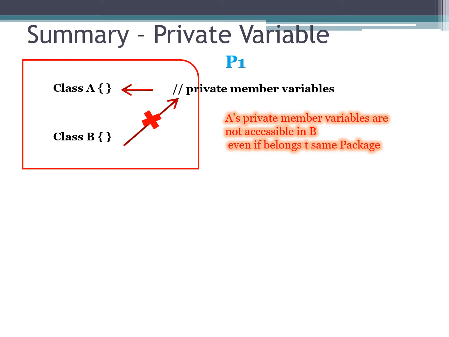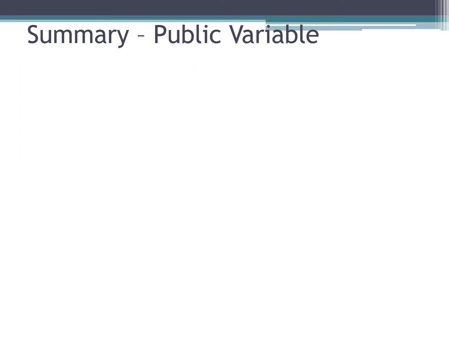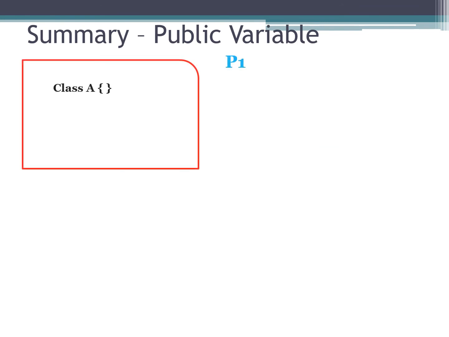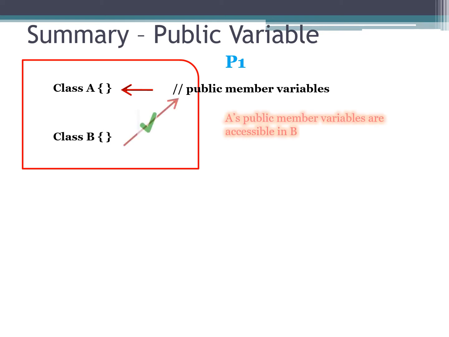Now public variables: in package P1, let's say class A has a public member variable declaration. In the same package, let's say there is a class B. B is able to access the public member variables of class A.